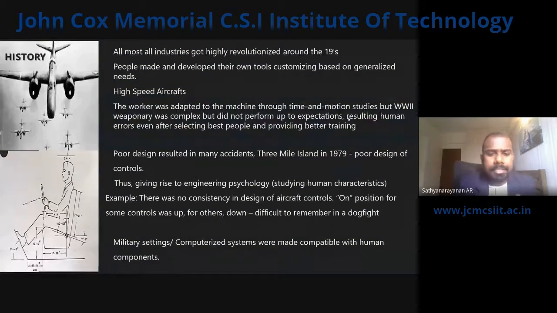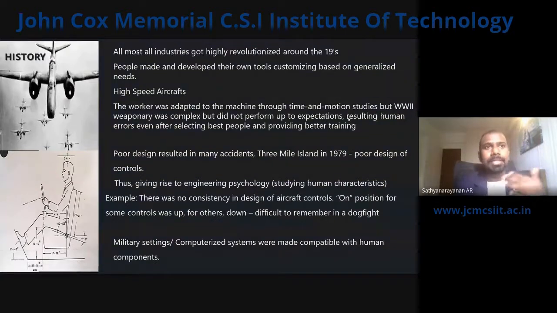This gave rise to engineering psychology, which studies human characters. There was no consistency in the design of aircraft controls, for example on and off positions. On position for some controls was up, for others it was down. This is a basic thing, a switch, right? It was difficult to remember in a dogfight, which is a very extreme condition that happens very rapidly.